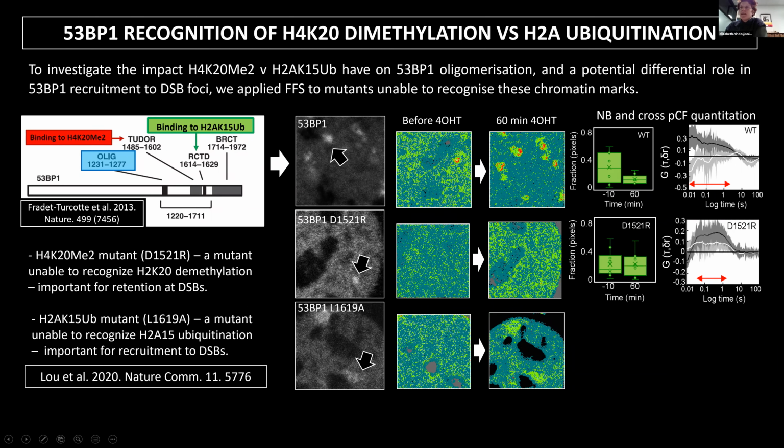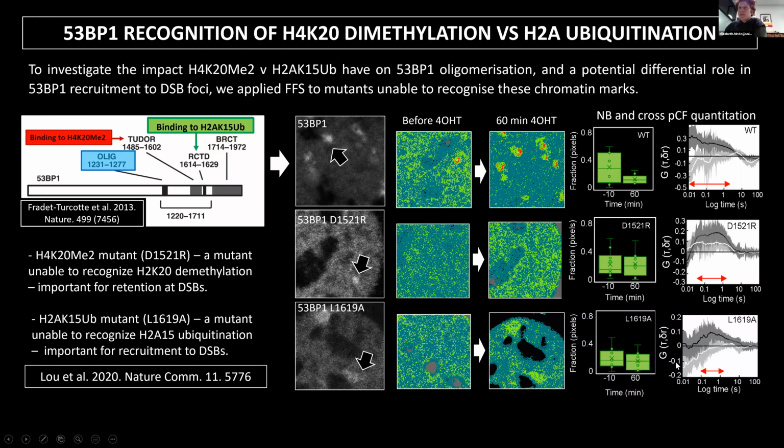And interestingly, in contrast to this mutation, if we look at the H2A K15 ubiquitination mutant, where again, we don't see significant relocation from the nucleoplasm to the foci, the reason we potentially don't see oligomer formation at the double-strand break foci locations is that there's a significant loss in the efficiency of molecules that arrive there, although they can be retained there.